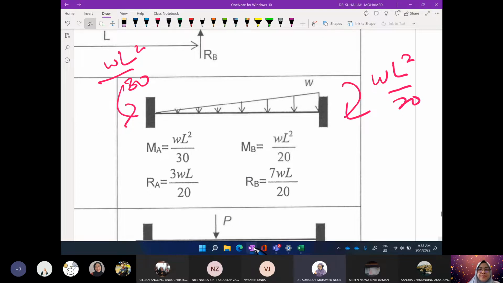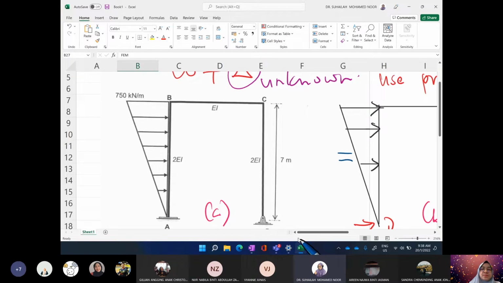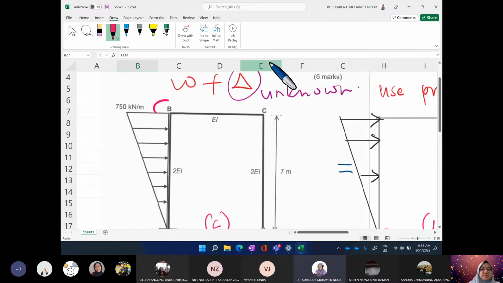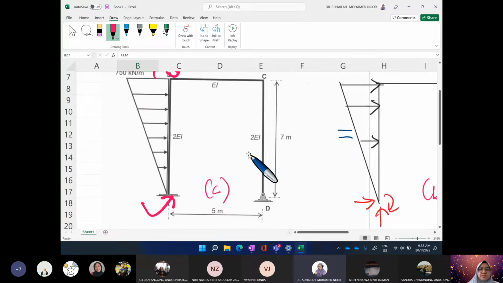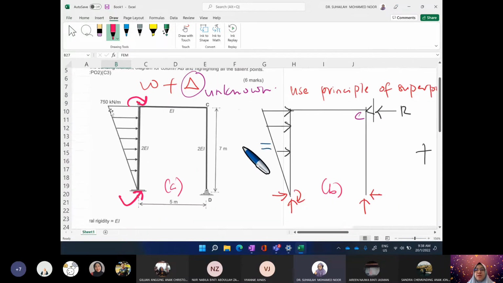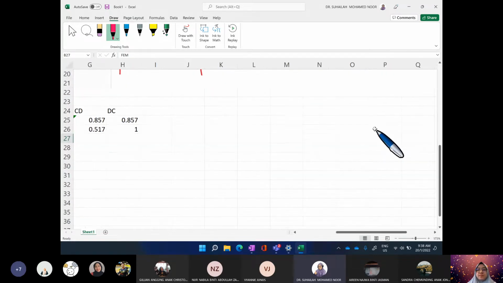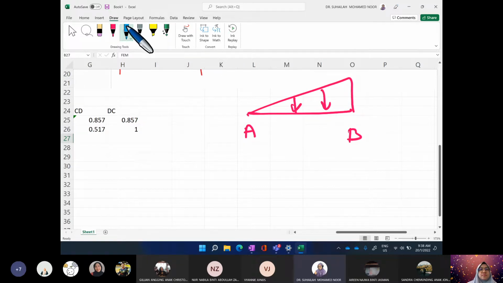So that means we have here AB. Okay, so this is WL squared over 30.